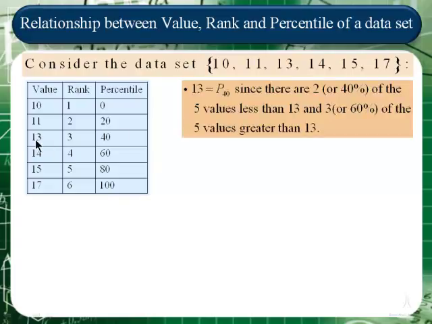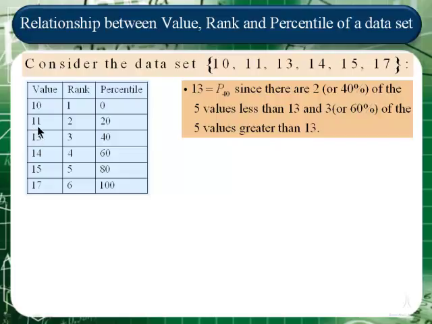For example, we say that value 13 is percentile 40 since there are 2 of the remaining 5. Can you see, if you eliminate 13, there's 3 above and 2 below.